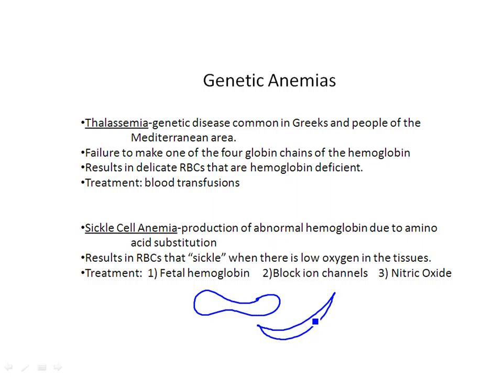Well, a sickle is not going to go through a little tiny capillary very easily, and what happens is you'll start getting log jams of these sickled cells, and so it's going to plug up these small tiny vessels, and so anything that's trying to get past here can't because you have these sickled red blood cells that plug up the circulation. So everything beyond here is going to become oxygen deficient, and it's going to start to die and be destroyed, and when that starts happening, you have a lot of pain associated with that.